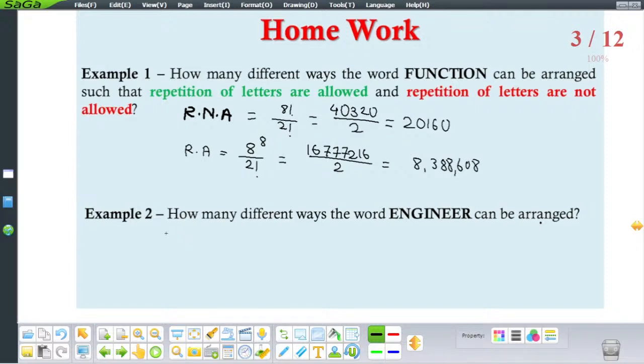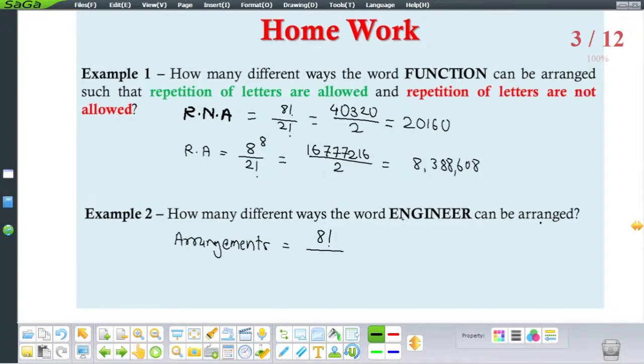In the second example, we saw the word ENGINEER: in how many different ways can it be arranged? First you have to count the number of letters: 1 2 3 4 5 6 7 8. Eight letters are there, so for the possible arrangements we take 8 factorial, upon the factorials of the repeated letters.